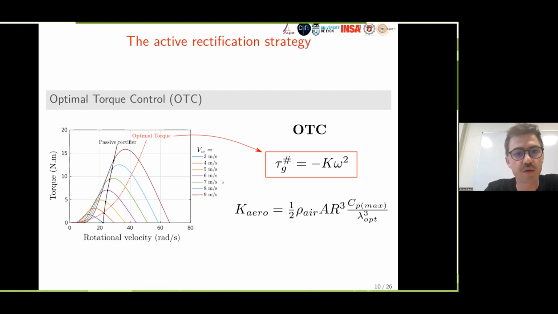I will not enter into more detail, but anyway, let's focus on this graph on the left. These are the torque curves of the wind turbine according to rotational velocity, for several wind speeds. When using a passive rectifier, the intersection of the black line with the different torque curves gives the operating points of the wind turbine for each wind speed.